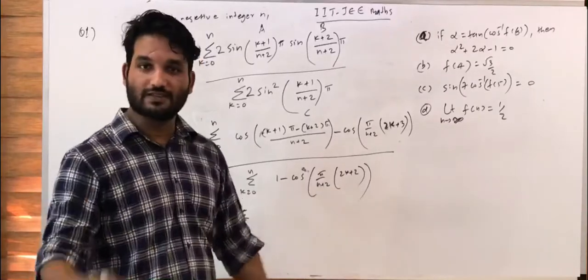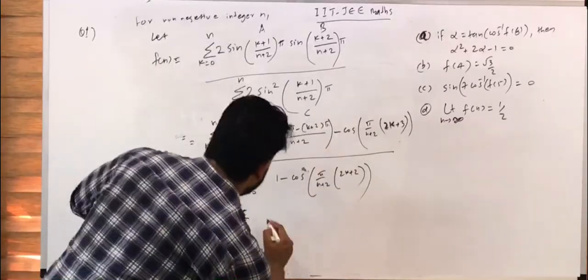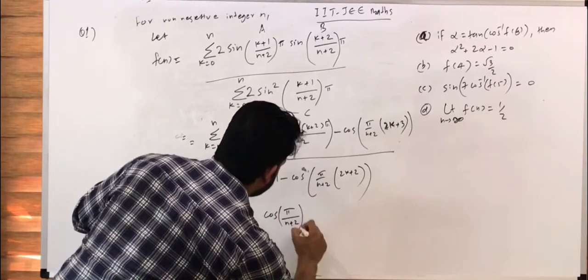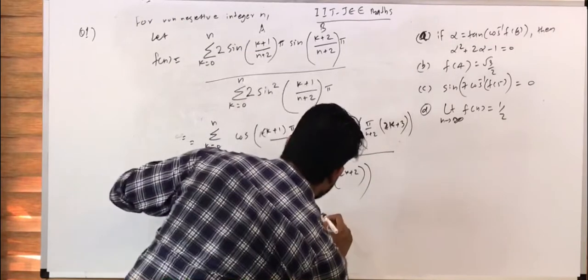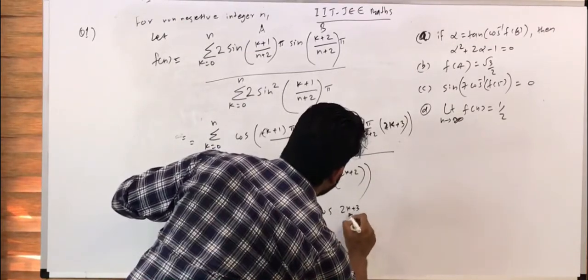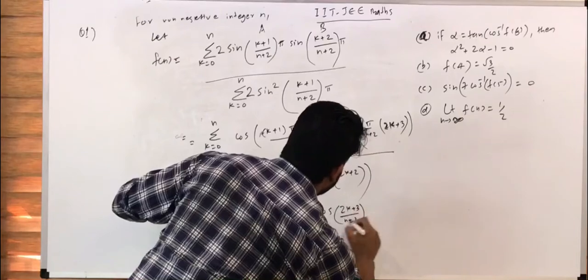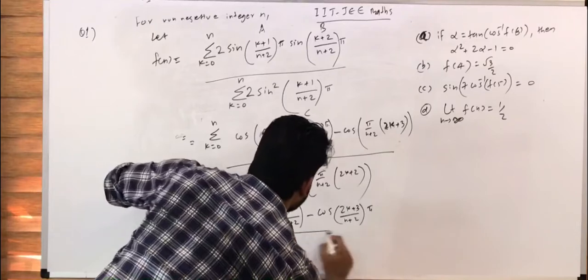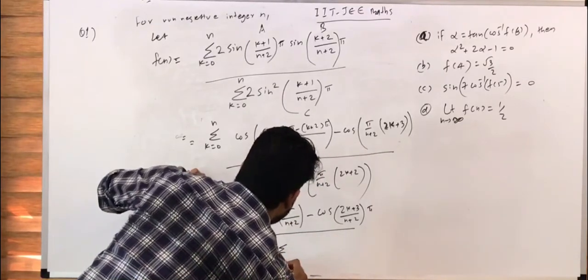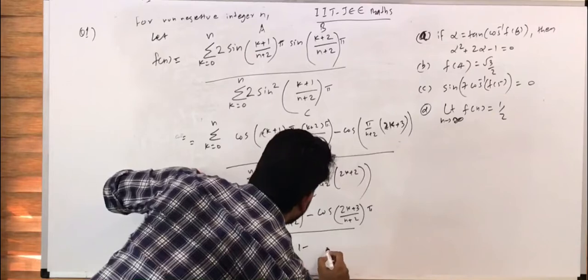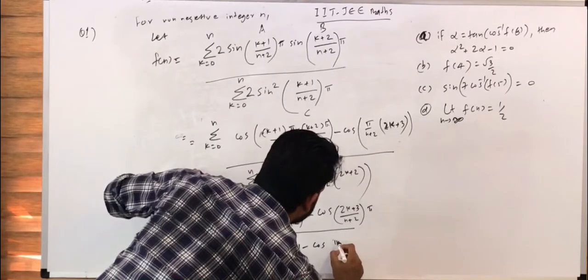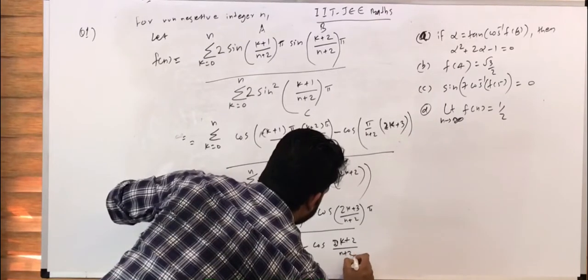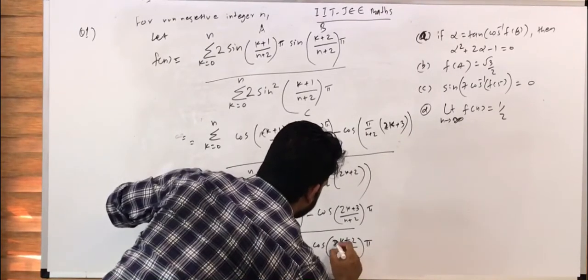Cos of minus pi is cos pi, so remaining term only cos pi divided by n plus 2, minus cos of 2k plus 3 divided by n plus 2 into pi. In the denominator we can write the sum, k varies from 0 to n, of 1 minus cos of 2k plus 2 divided by n plus 2 into pi.